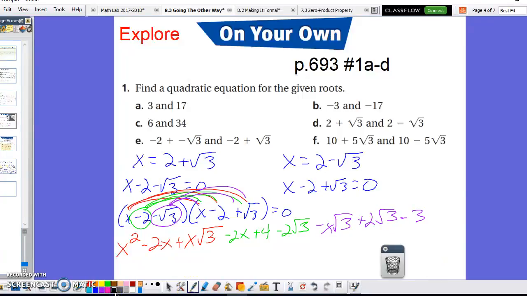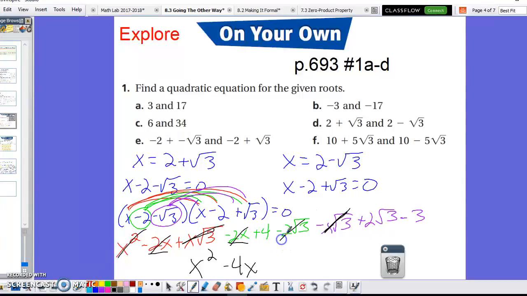Now we'll just combine like terms like we would in any other problem. X squared is by itself. There's no others. Negative 2x and negative 2x gives me a negative 4x. Now is where this gets cleaned up real quick. It looks kind of crazy because I have this x square root of 3, but look, I have a negative x square root of 3 over here. So those cancel out and become 0.